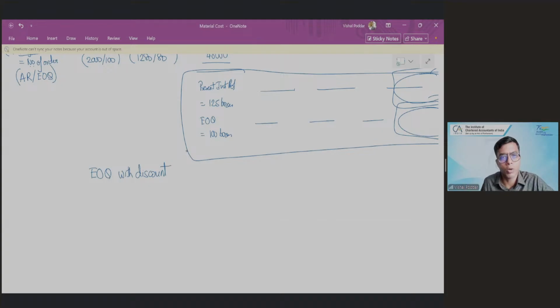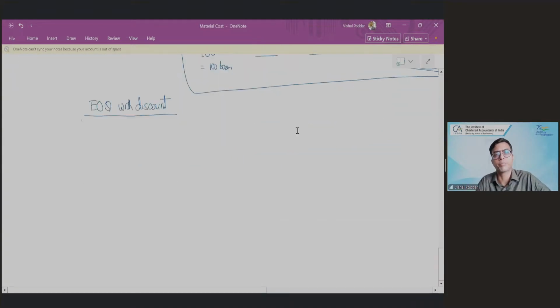Till now, what we were solving was EOQ without any discount in the purchase price given. But we all know if you place an order of higher quantity, then you will get a discount. This is very common.